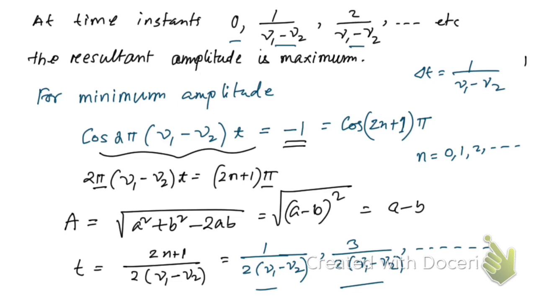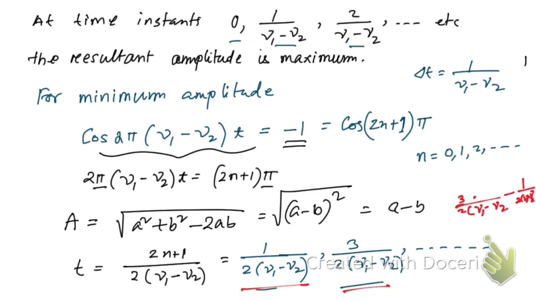Similarly, in case of minima, if you subtract this one from this one, you get 3 by 2 (nu1 minus nu2) minus 1 by 2 (nu1 minus nu2).